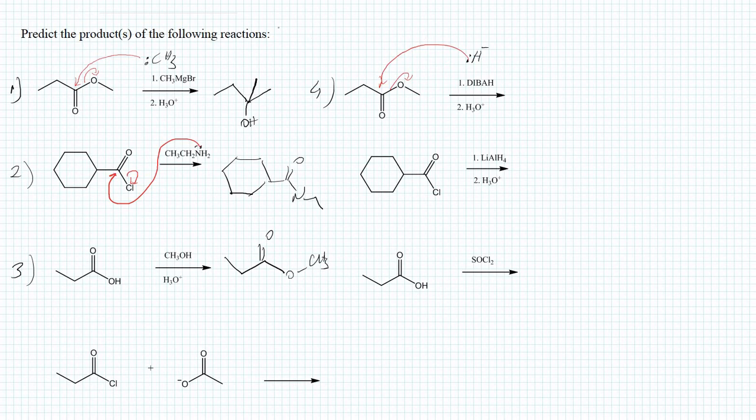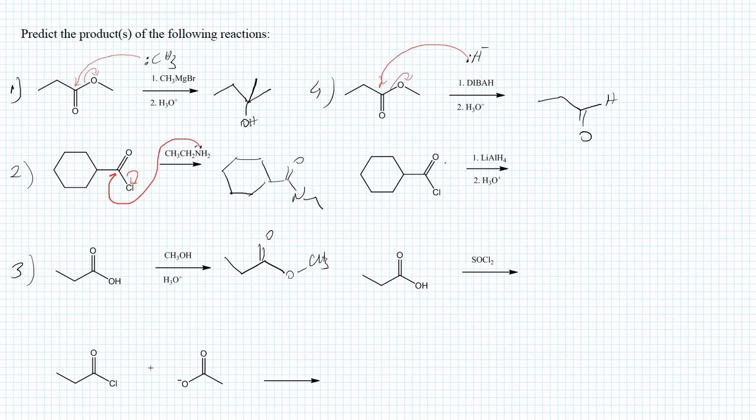So what's going to be the product here? Let's draw. It's going to be an aldehyde. So this will be hydrogen here. So basically this methoxy part will be removed. Then we will end up with this aldehyde.